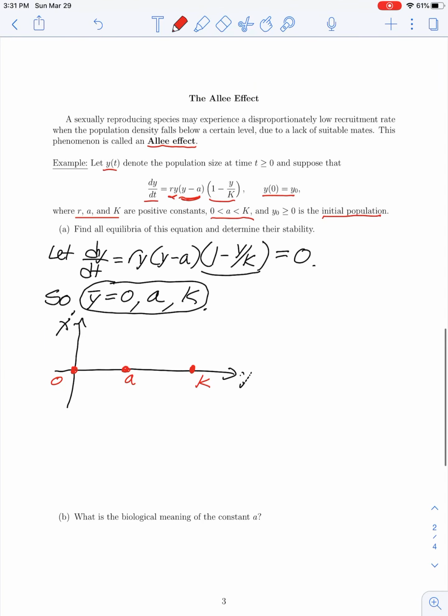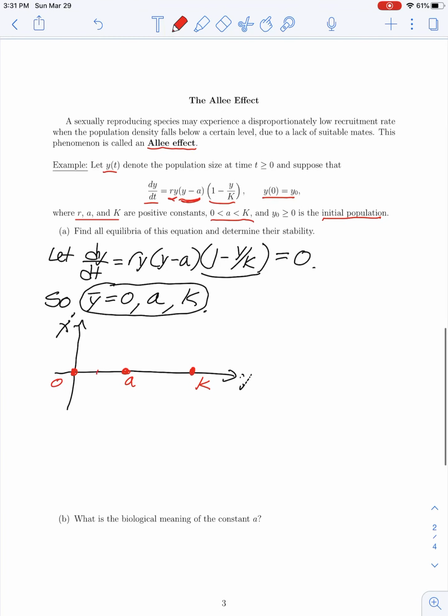So let's start by looking at a value between 0 and a. We don't need to choose a specific value, but let's just keep in mind that we're going to choose some number that lies between 0 and a, so we're less than a. And let's look at the terms of our differential equation to see whether they're positive or negative. If y is greater than 0, then our first term, r times y, is positive. If y is less than a, then y minus a is going to be a negative value.